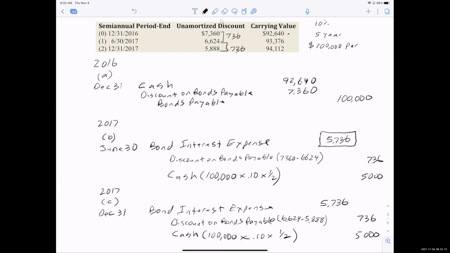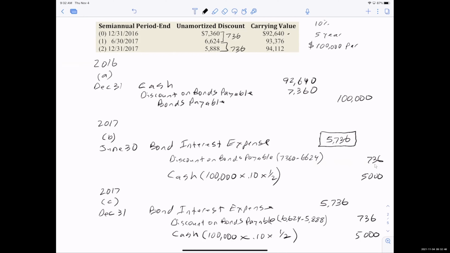is the schedule. So you know that if you started out with 7,360 and you ended up with 6,624, you allocated or amortized the 736. So it's this right here. 7,360 minus the 6,624 is 736.